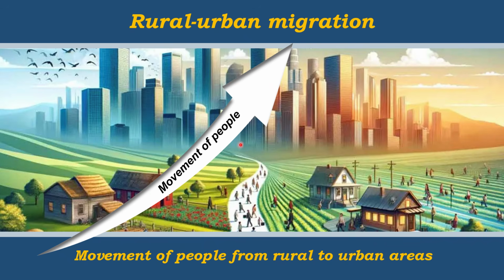But look at the arrow at the back, showing us that in the rural areas, the population is going to decline, that there's going to be less people, there's going to be rural depopulation. Rural depopulation is the decrease in the number of people living in rural areas. And then obviously in our urban areas, we're going to have urbanization.